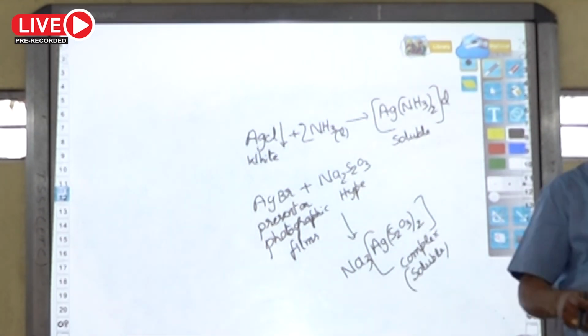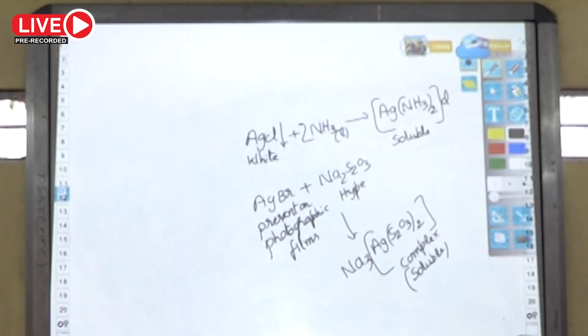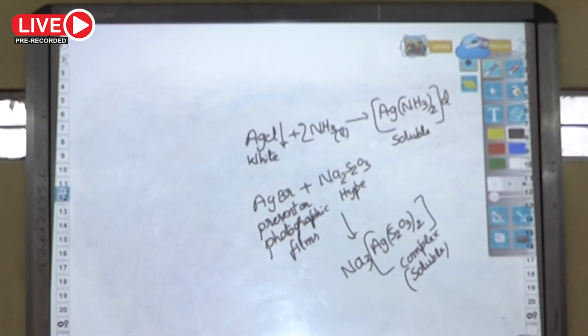So in this process, the silver bromide present on the photographic films is totally removed by forming a soluble complex. So what is the name of that complex? Sodium argentothiosulfate.